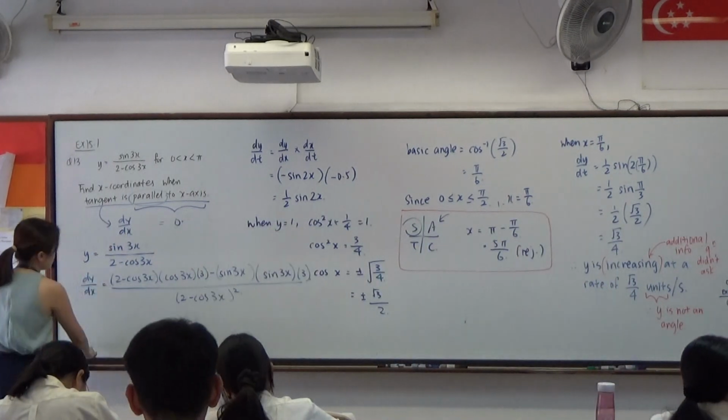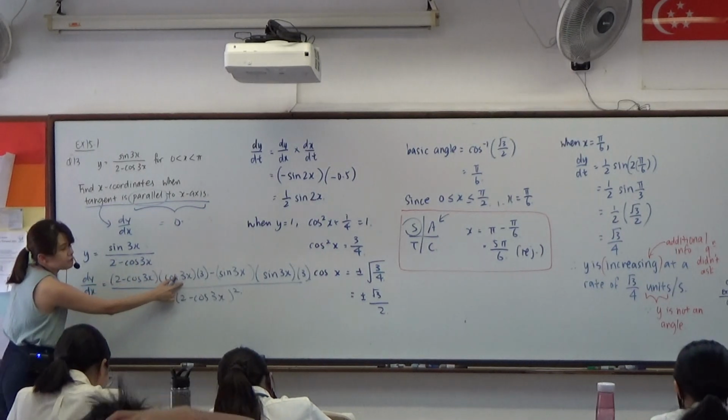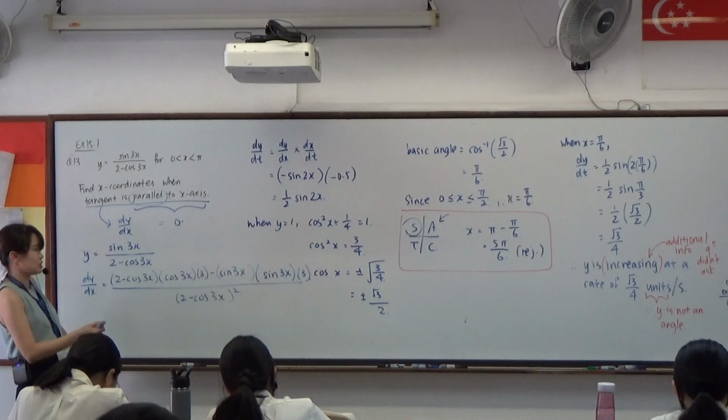So using the quotient rule, we keep the bottom, differentiate sine 3x, we get cosine 3x, not forgetting to differentiate the 3x, we get a 3.